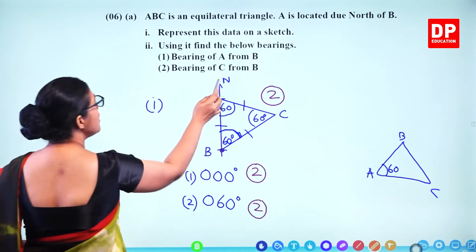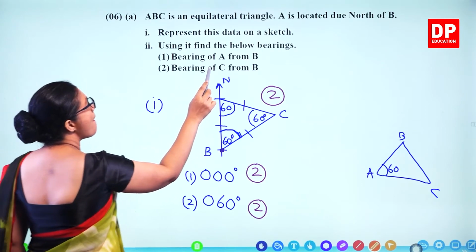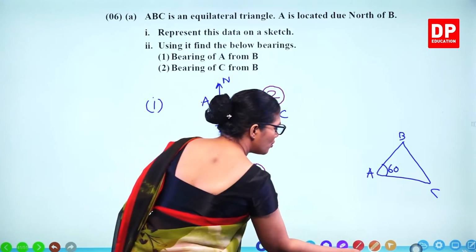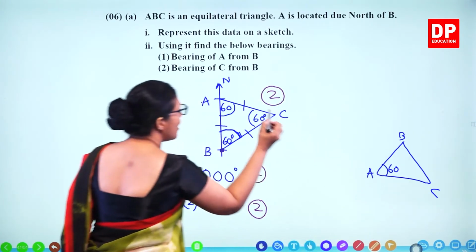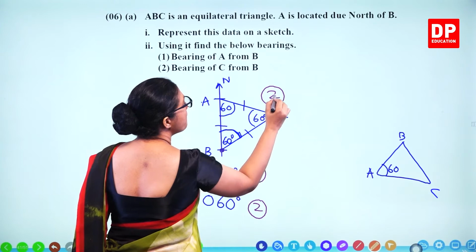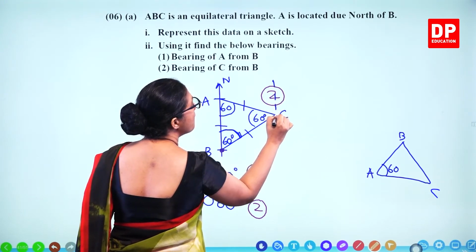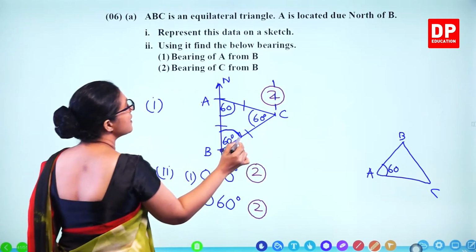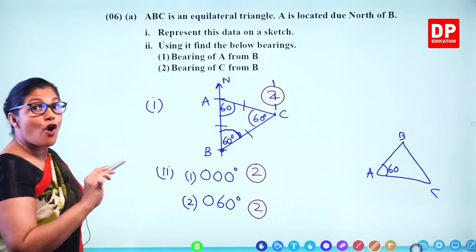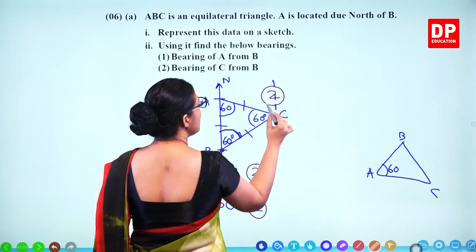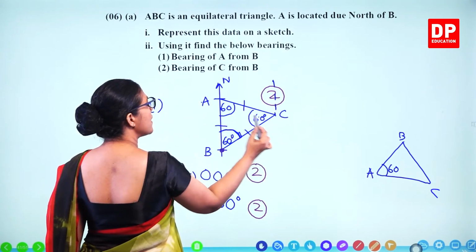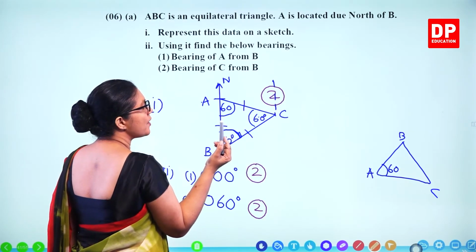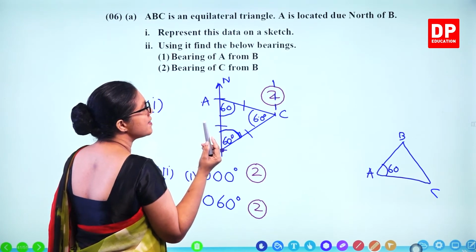So if I change this letter, bearing of B from C, then how do you do it? Just I'll do it. If this is from C, then you have to find out this angle, B from C. So this angle. That means you have to subtract this whole thing. So 60 and 60 here, you have to then subtract 120 from 360.